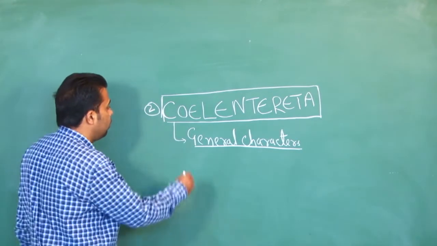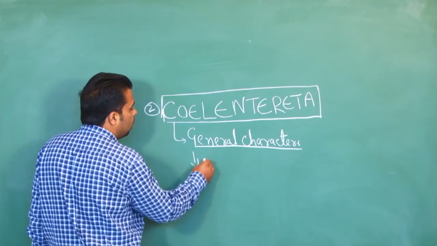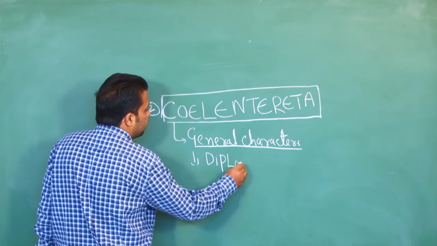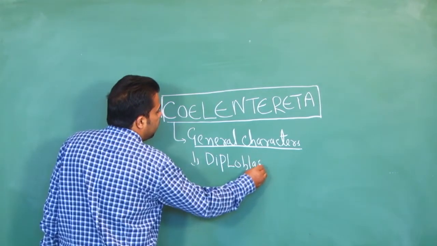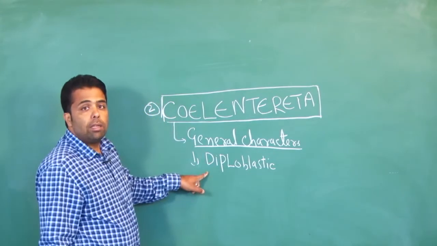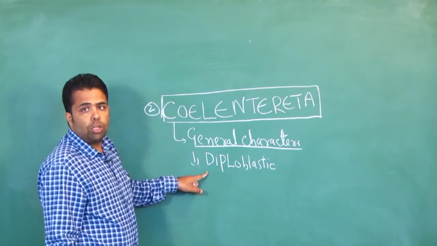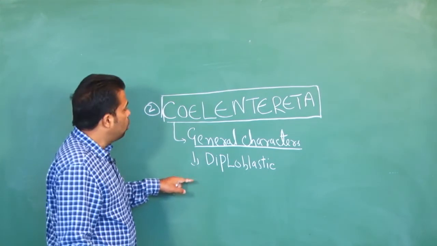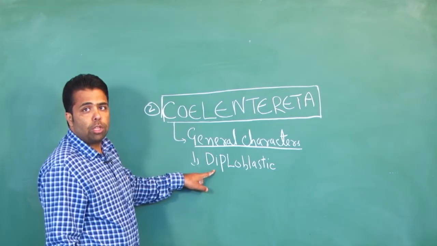What are they? The first one is they are diploblastic. Coelenterata are diploblastic. That is, they are having two germ layers.